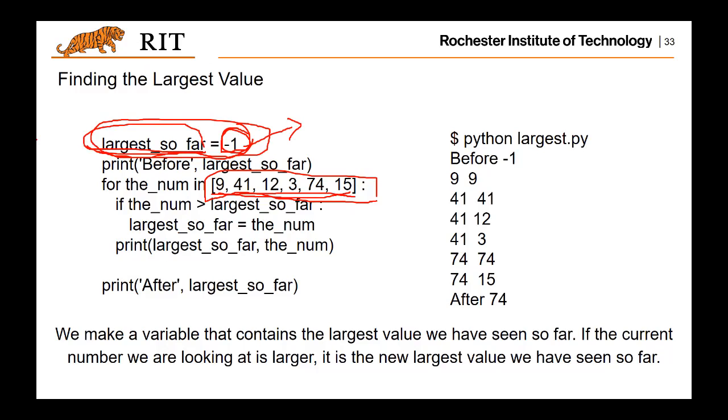No matter what kind of number is inside this array, it is greater for sure than this initial number, and that will make this mechanism work. That's what I usually do, but there are other ways. I will show you in the following slides.